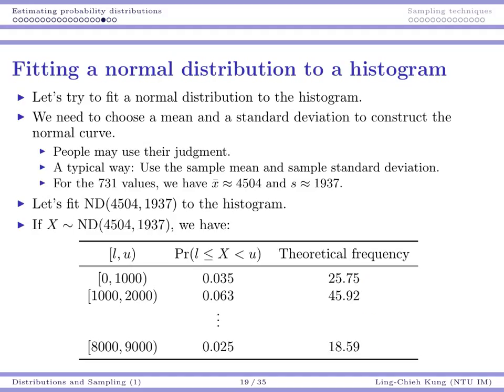If X is normal for this mu, for this sigma, then we expect the first class to contain around 26 occurrences, the second class to contain around 46 occurrences. That's the meaning of this column.